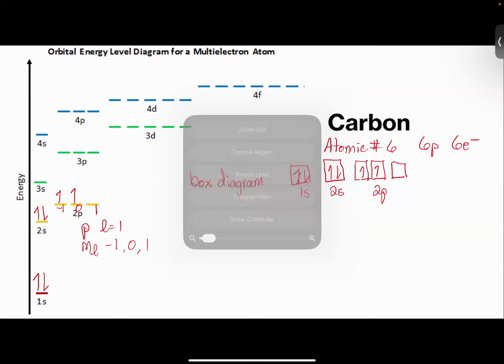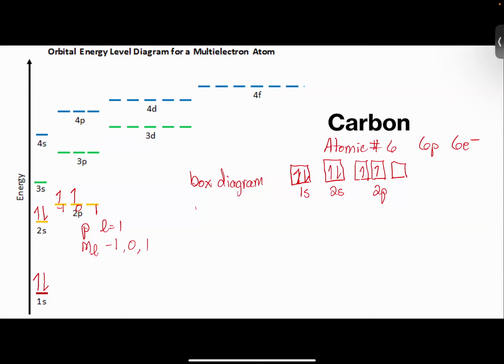Now, if you're asked for the basic electron configuration, or anything that has the word basic, then what they're asking for is for you to put the shell, the subshell, and tell me how many electrons are in that subshell.